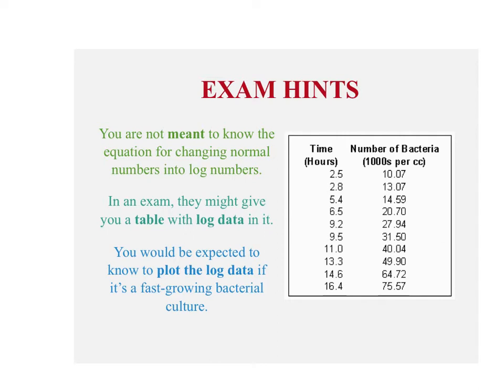So we don't need to know how to change normal numbers into log numbers. You don't need to worry about that. If they do, however, give you a data table that has log data in it, all you've got to do is plot that data as if it was a normal number, and make sure that you put number of bacteria and then you put log next to it to highlight the fact that you know that it's a different value to what it should actually realistically be.